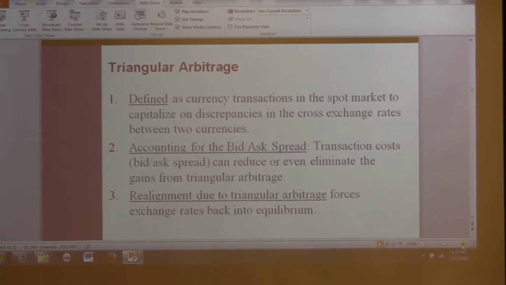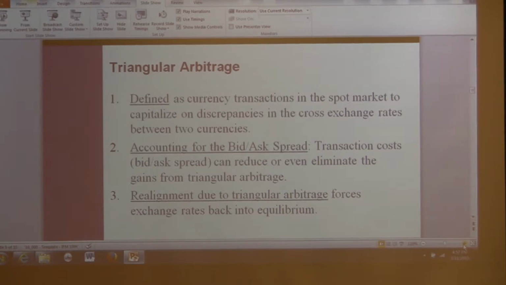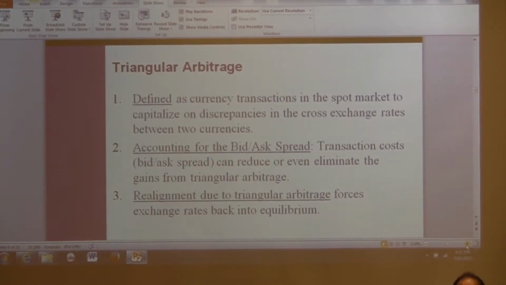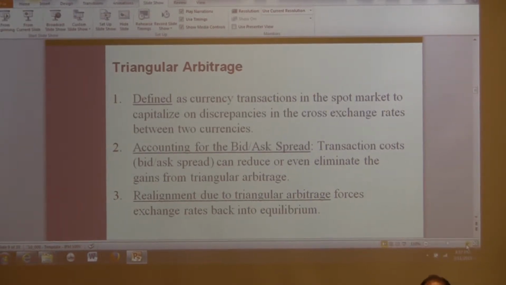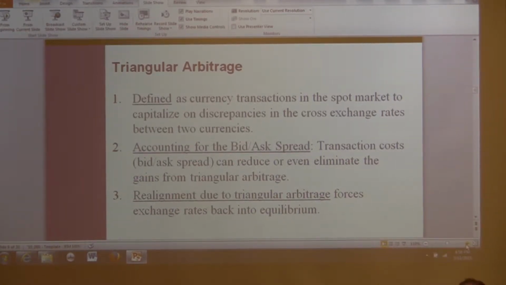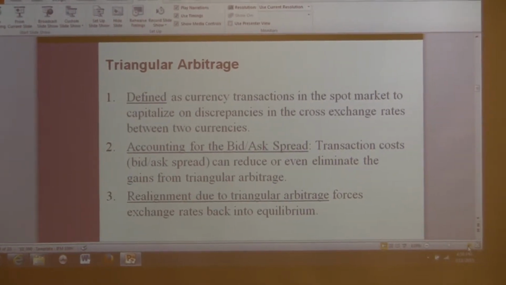So what we are doing here is comparing the cross exchange rate between two currencies, as an example, the euro versus the Japanese yen, two currencies independent of the US dollar. And we are comparing that with the exchange rate using the US dollar as the middleman. Whenever we find there are some differences, we have the ability to make some profits, and that is why it is referred to as triangular arbitrage.